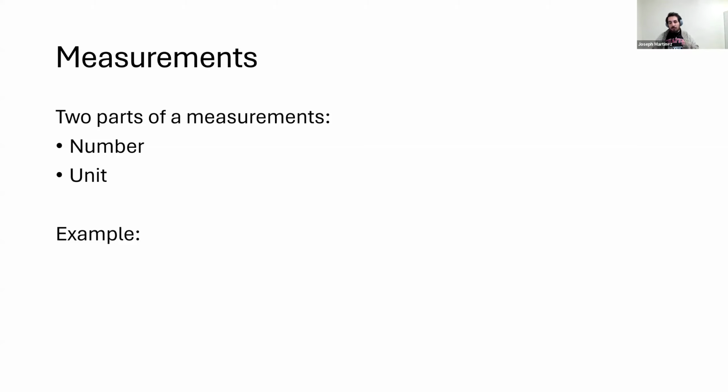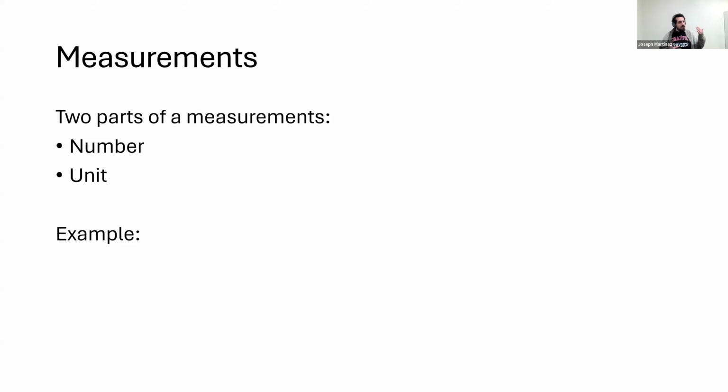Last time we were talking about unit conversions dealing with density. We talked about two different units of density, grams per centimeter cubed and kilograms per meter cubed. These are two measurements of density that tell you about the same physical quantity, essentially how tightly packed matter is in a region.